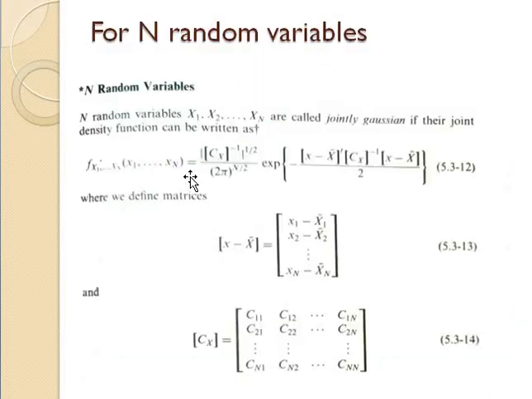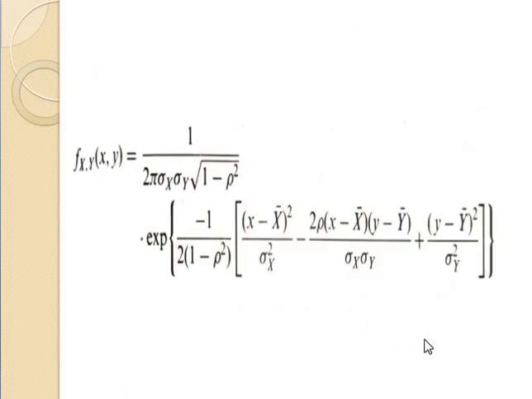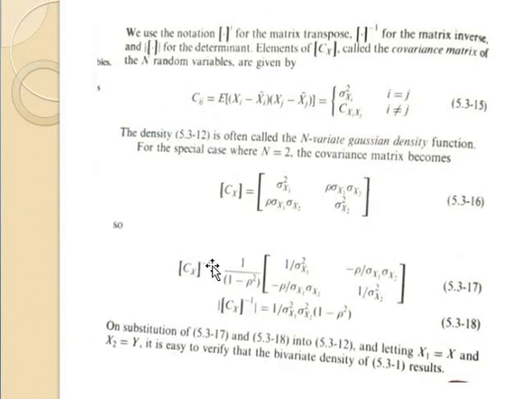And by using the n random variables expression for the jointly Gaussian density function, we can reconstruct this expression by substituting n equal to 2, and by taking the covariance inverse equal to this value and this value.